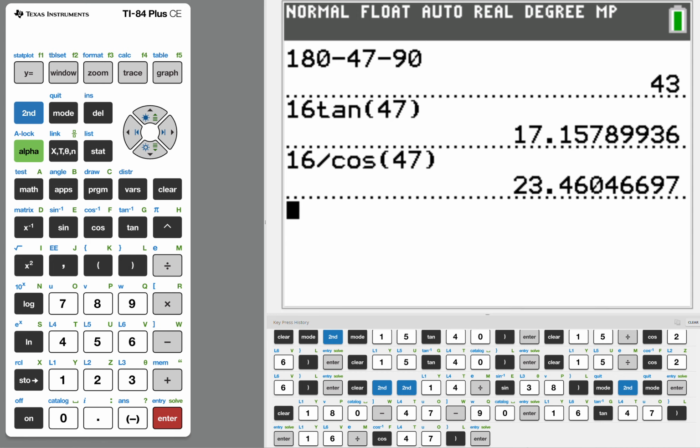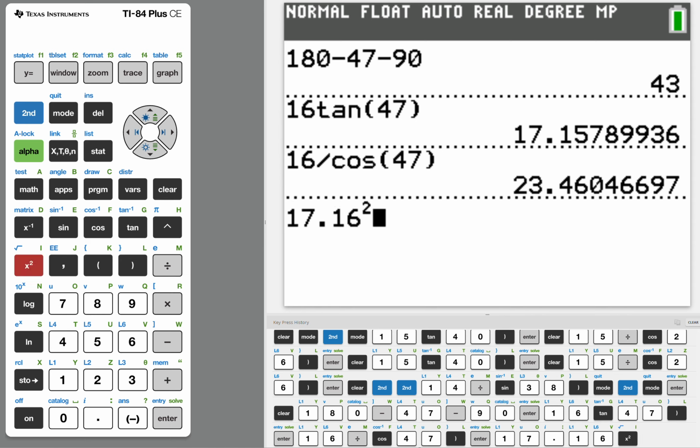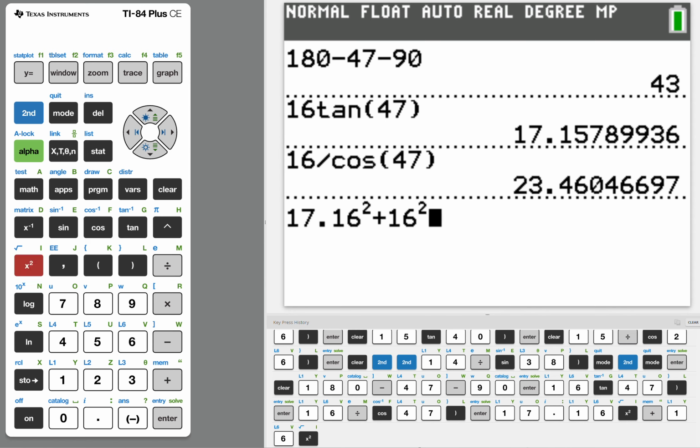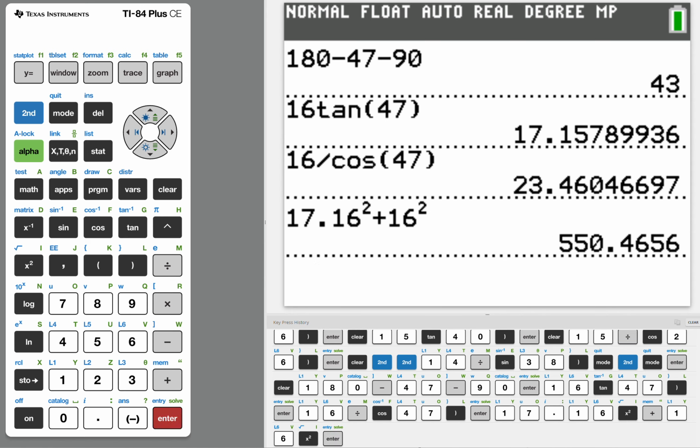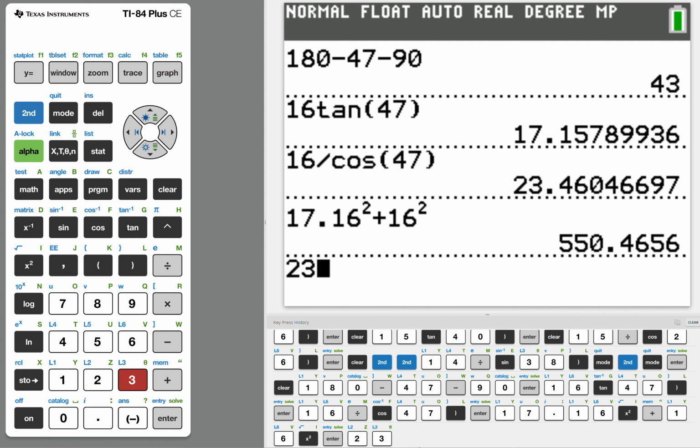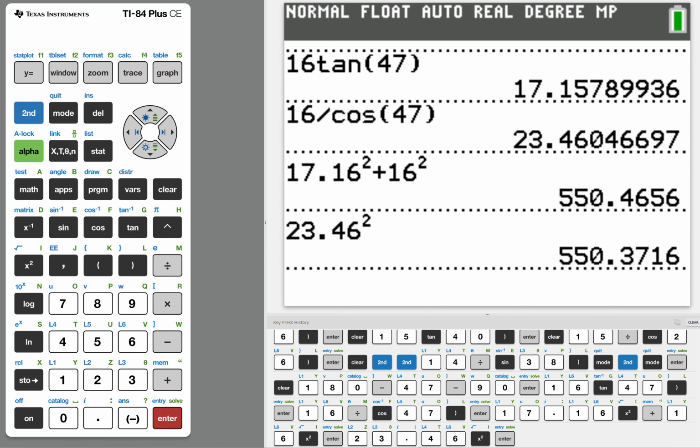But let's see. I've got 17.16 squared plus 16 squared, and I hit enter, and that gives me 550.4656. But if I take 23.46 and square that, I would get something really close. They're not exactly equal, but the reason is because we rounded to get those numbers. They're pretty close, and so that's a good check. I can be confident that I could turn in that answer and be happy with it.